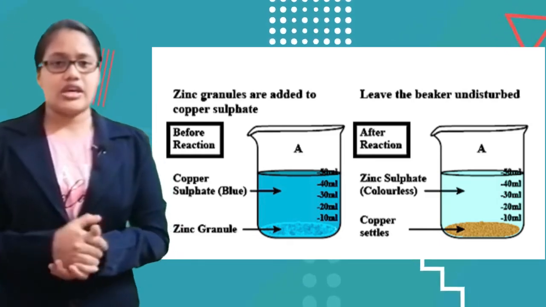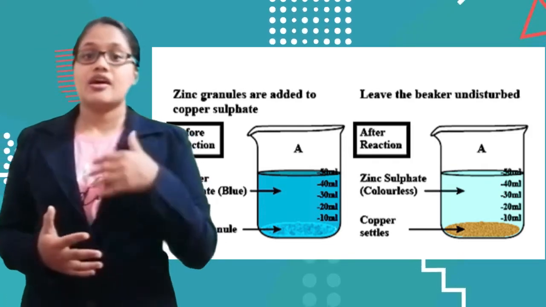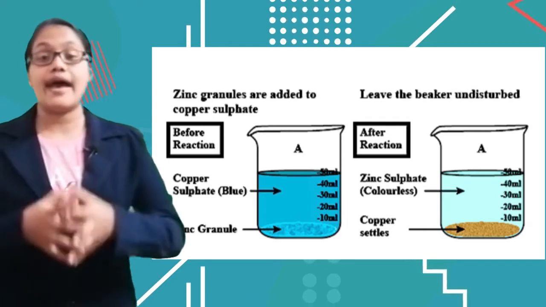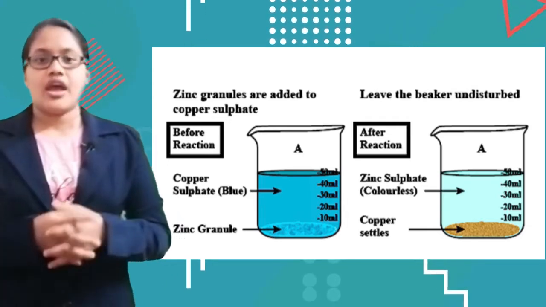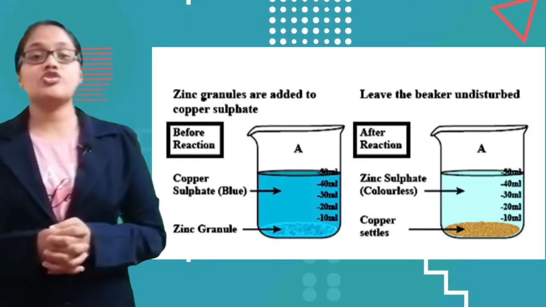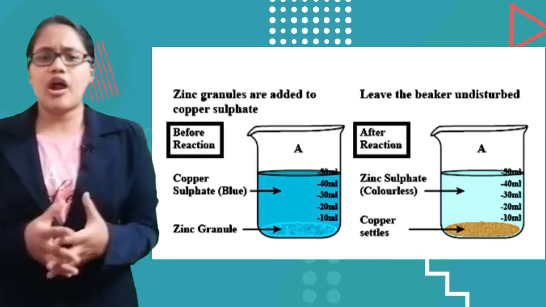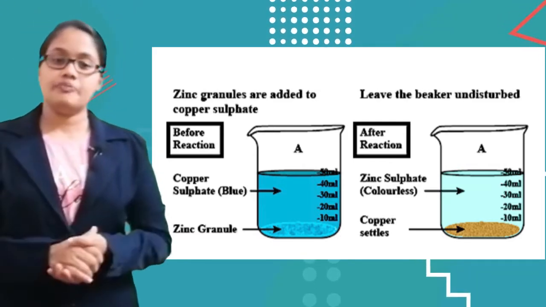This is because the zinc metal displaces copper from the copper sulfate solution and produces a colorless solution called zinc sulfate. The red-brown deposit on the zinc metal is the copper metal.